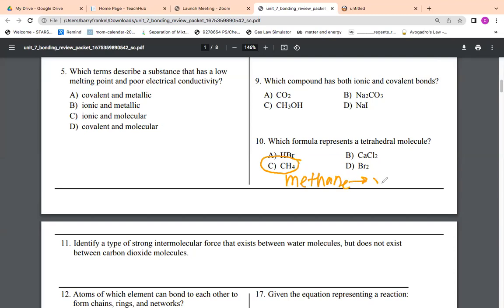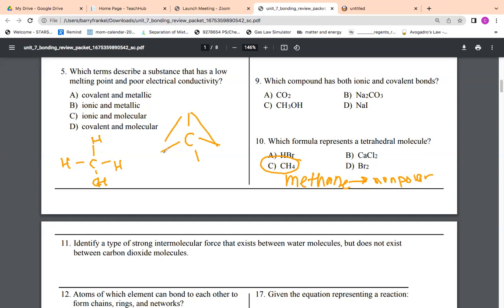Methane is one of our nonpolar substances, okay? CH4 really looks something kind of like this, and it's hard to draw because it's really three-dimensional. It's not flat. Okay, it's really a tetrahedron. So it is 3D.